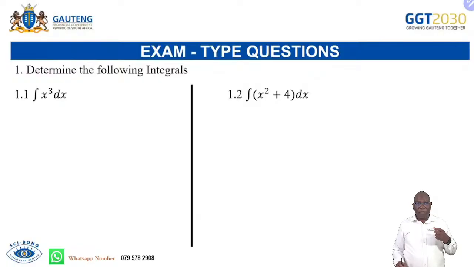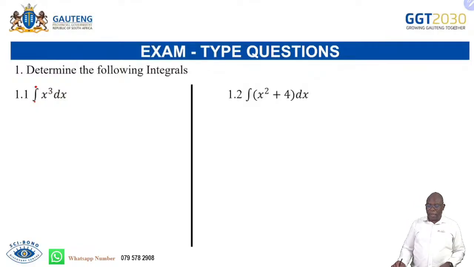In an exam, I think question 9.1, we're going to look at questions that are based on indefinite integrals. When we talk about indefinite integrals, we're talking about integrals where we don't have the upper limit and the lower limit. In this case, you can see we don't have numbers on top of the integral sign and no number below the integral sign. Those are called indefinite integrals.